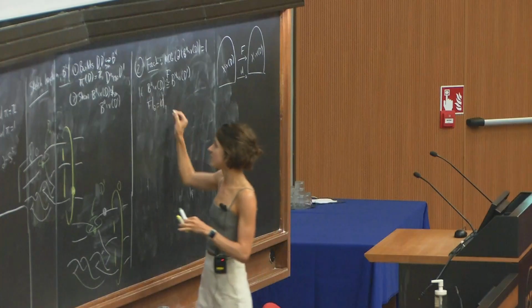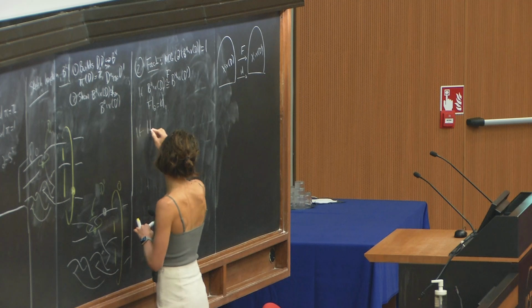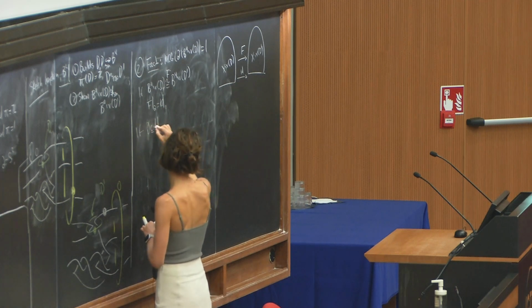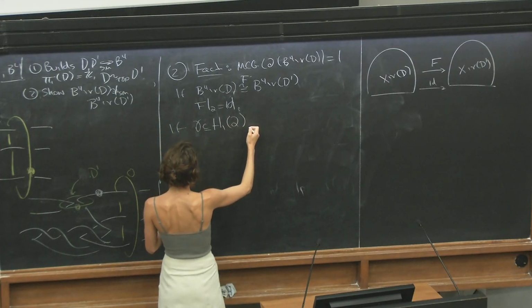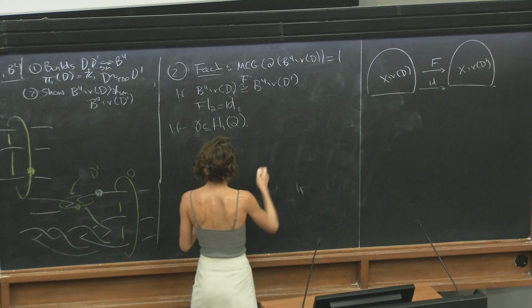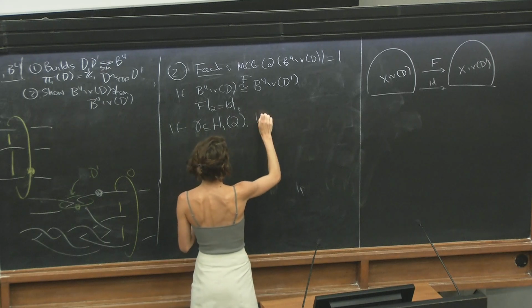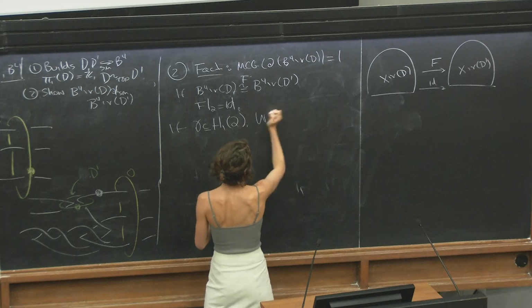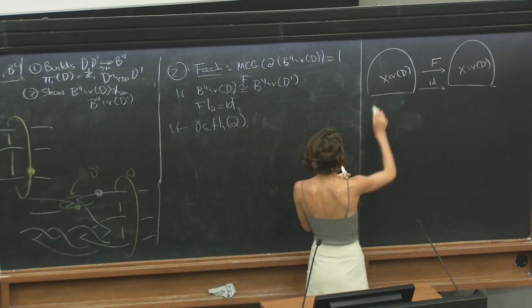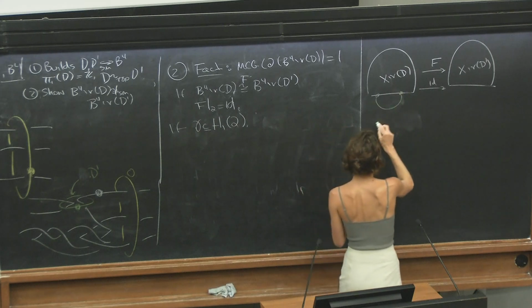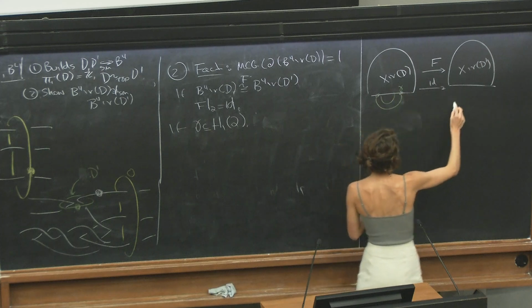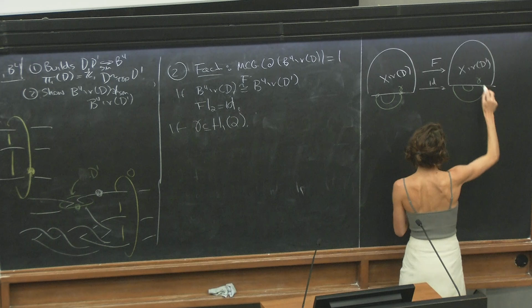So what that tells me is that if I had some homology class in the boundary, then I could take slightly bigger manifolds, built by attaching two-handles along that homology class.